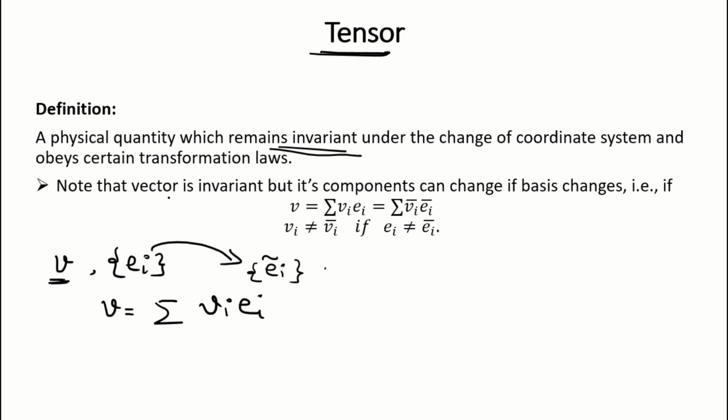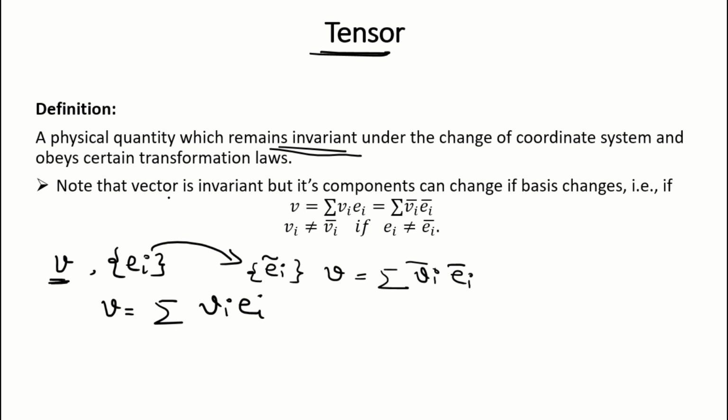In that coordinate system we represent the same vector v in terms of e_i bar, so v_i bar, e_i bar. If e_i is not equal to e_i bar, that is, the old basis vectors are not equal to the new basis vectors, then the components will also change. v_i is the component associated with the old coordinate system, and v_i bar are the components of v associated with the new coordinate system. But the value of v will remain the same.